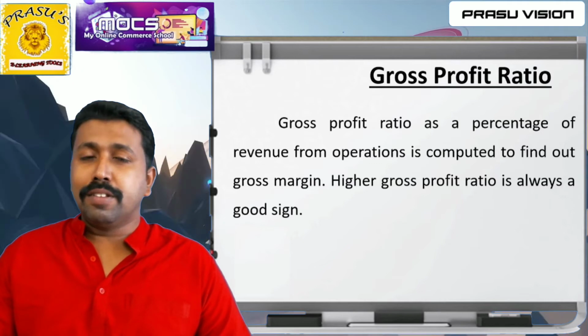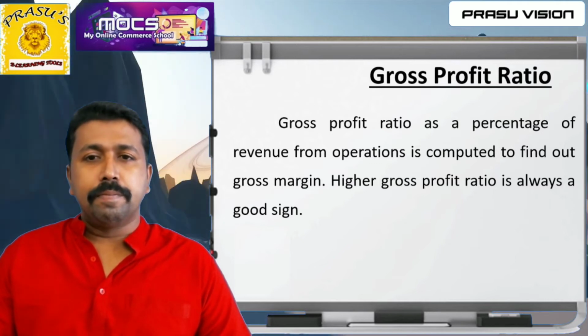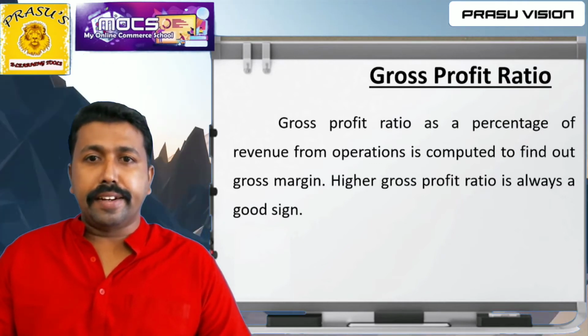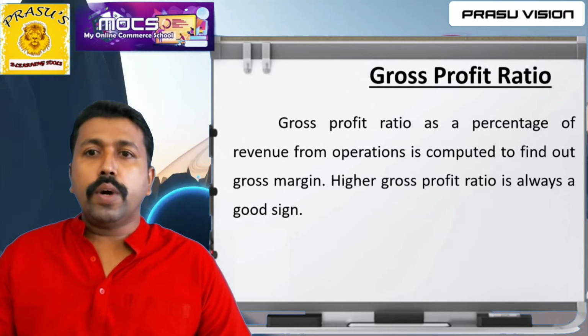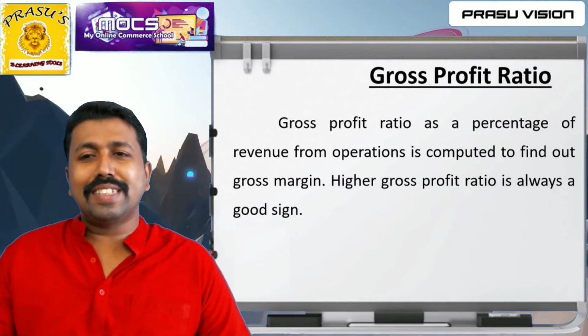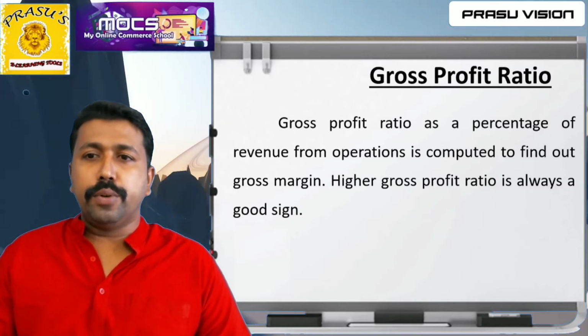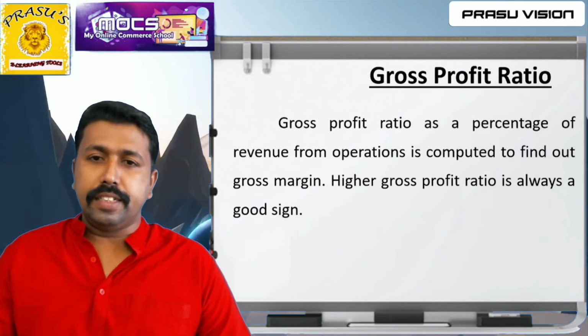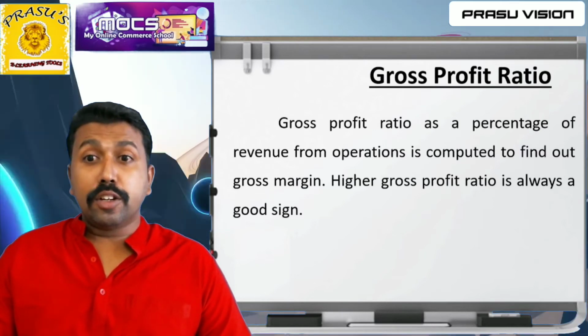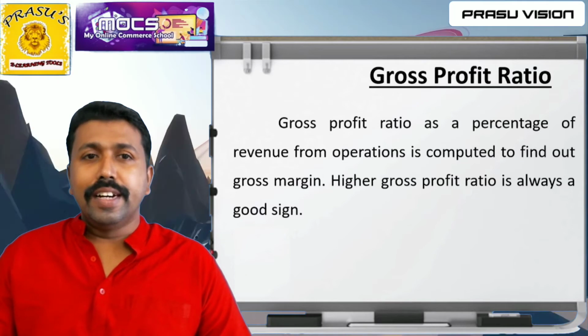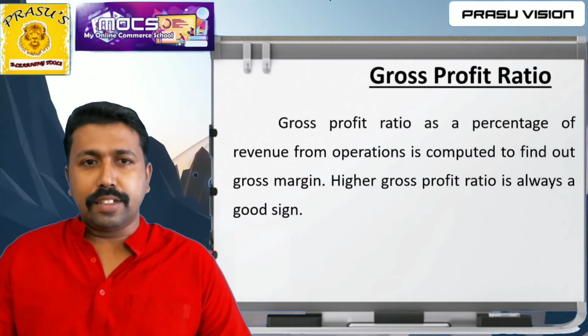Revenue from operation means the total amount of sales, the total amount of income they earn. So gross profit ratio as a percentage of revenue from operation is computed to find out the gross margin. A higher gross profit ratio is always a good sign for the organization.